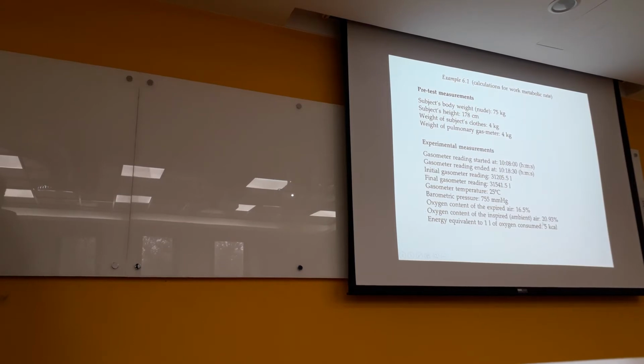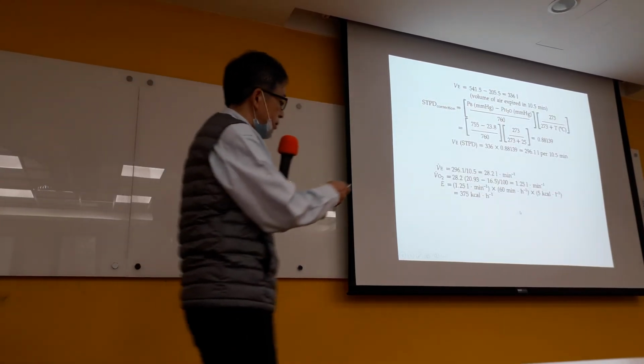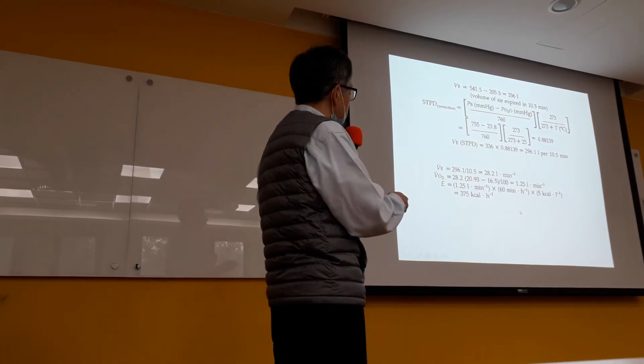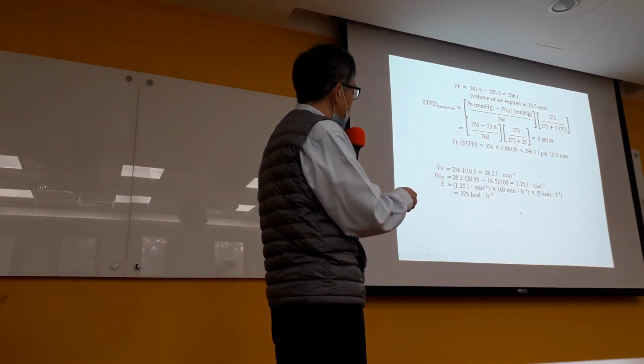The fresh air contains 20.93, but after you do some work, the output air contains only 16.5. Okay? So this fraction difference is the one being used. So totally divided by 100, that will be 1.25 liter per minute.